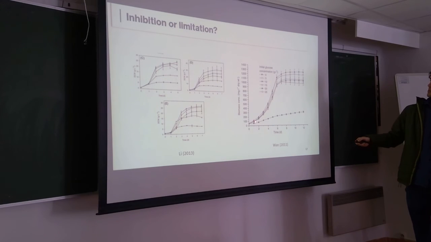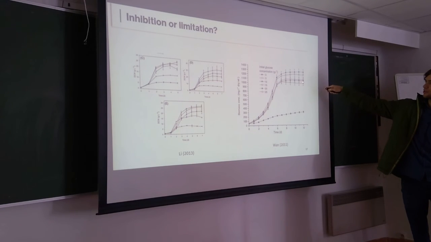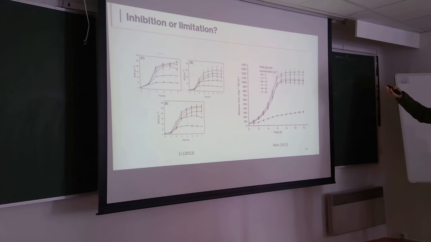So here we have an experiment with different concentrations of glucose, and the maximum productivity that we have is about 10 grams per liter, and when we increase to 25 here, you can see there is a kind of inhibition.